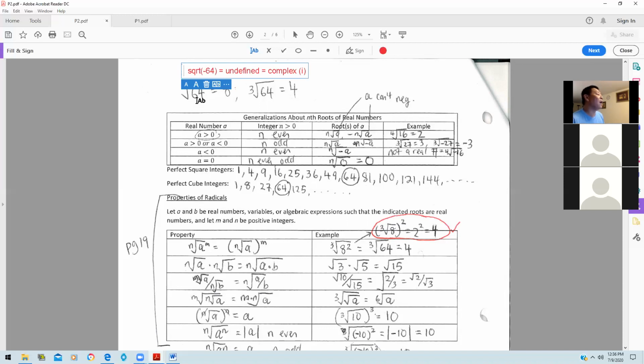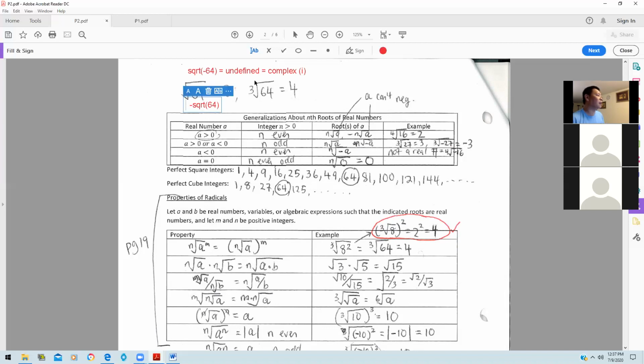Okay. What happens if I put a negative in front of your square root? So now instead of the negative inside the square root, the negative is outside the square root. So negative square root of 64. Do you think this will become undefined, or is this a defined number? So what do you guys think about that?